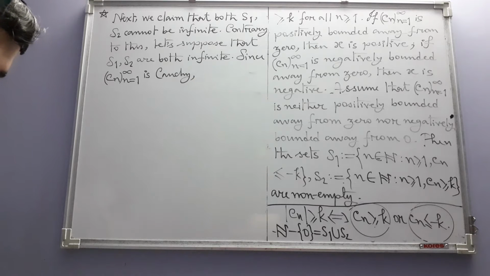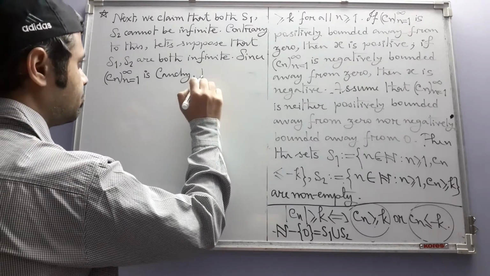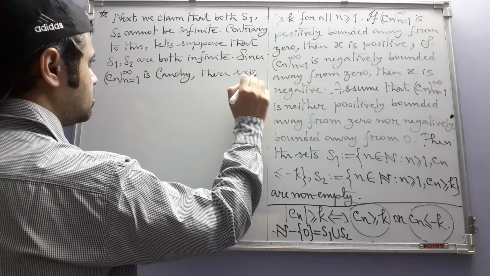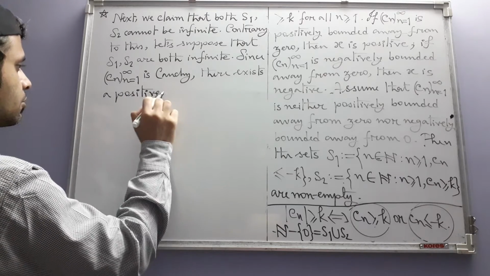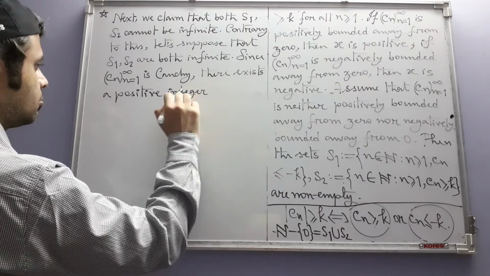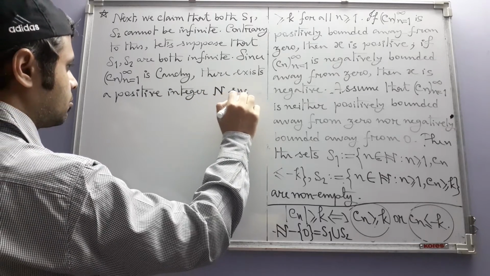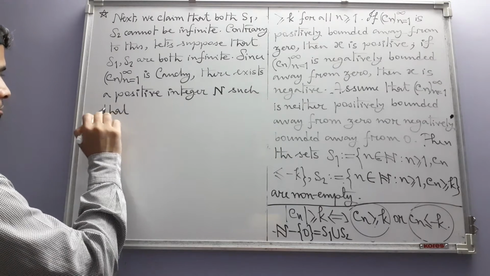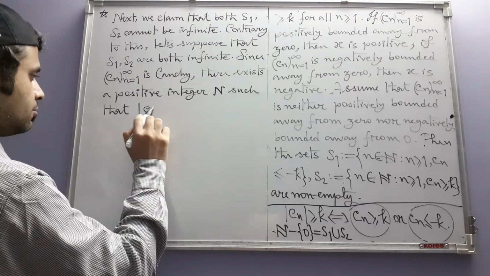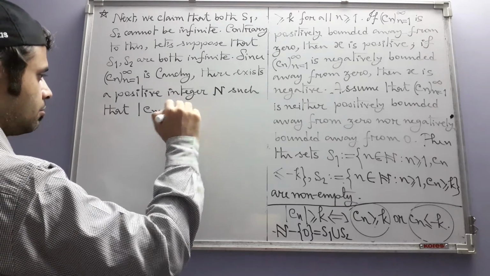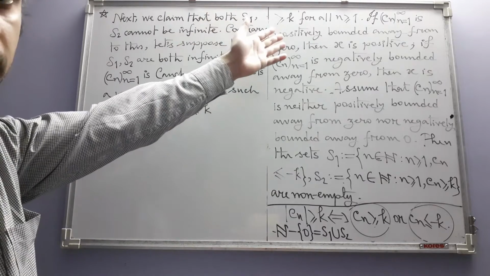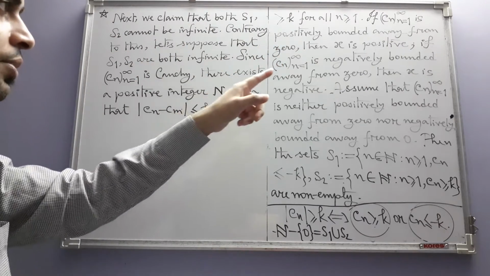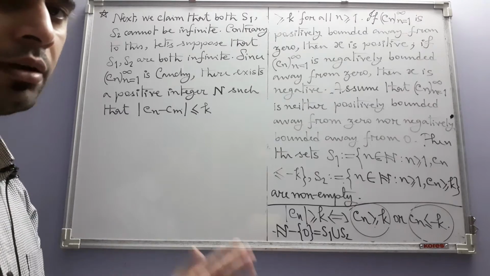How have we used the condition of Cauchiness? Since Cn is Cauchy, there exists a positive integer N such that the absolute value of Cn minus Cm is less than or equal to k, where k is that positive integer which arose from the fact that Cn is a Cauchy sequence that is bounded away from 0.